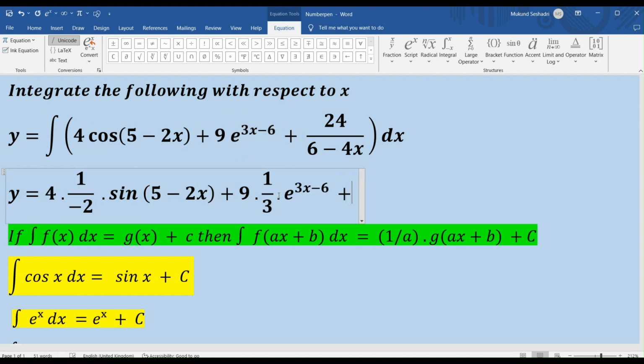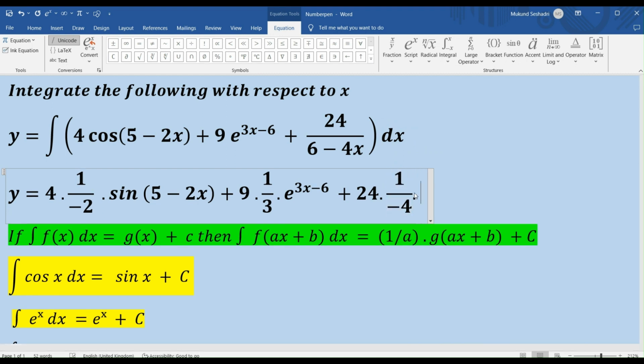And then I have 24 divided by 6 minus 4x dx, right? Now what is that? 24 remains as it is. And then 1 divided by 6 minus 4x dx, I'm going to equate it to 1 by x dx, right? So my f of ax plus b in this case is f of 6 minus 4x, right? Now when I have f of 6 minus 4x, what is my a here? My a here is minus 4, right? And therefore my 1 by a is nothing but 1 divided by minus 4, right?